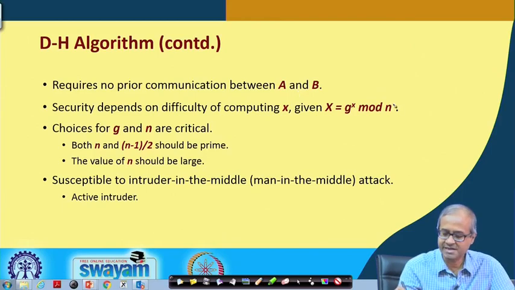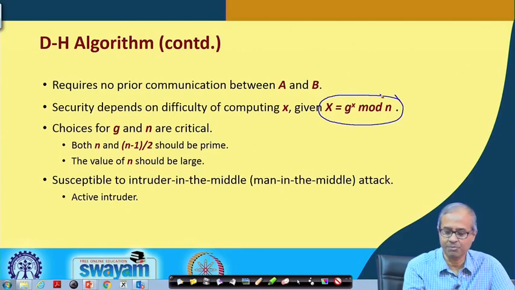As I said, the security depends on the discrete logarithm problem: given known values of g and n, what is the difficulty of computing small x?